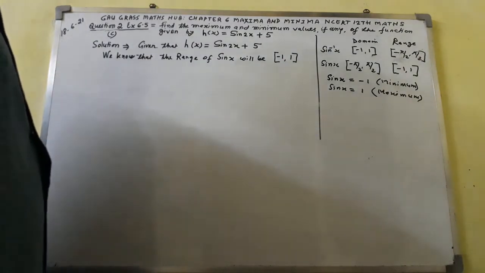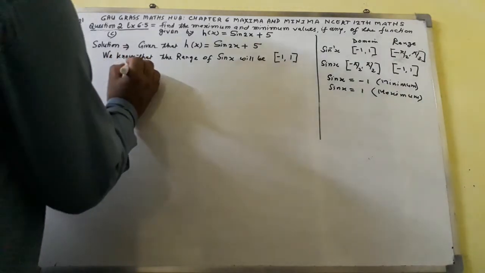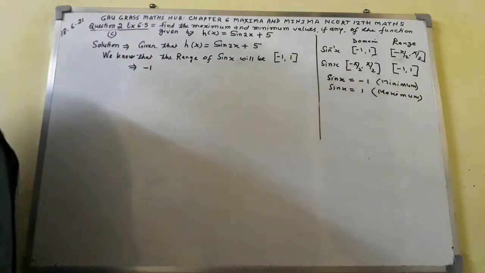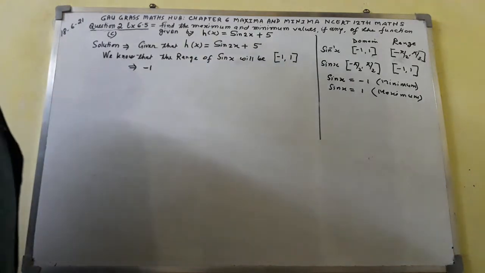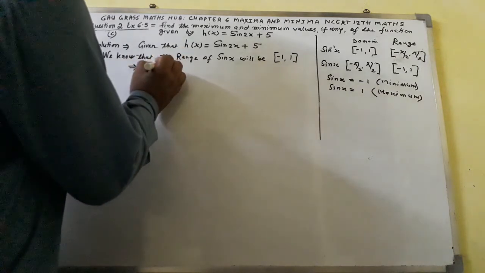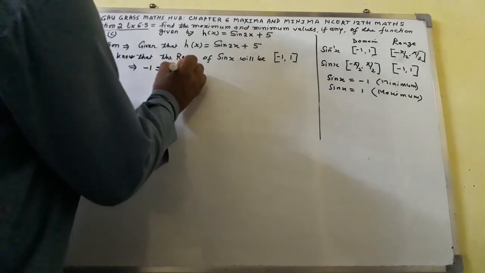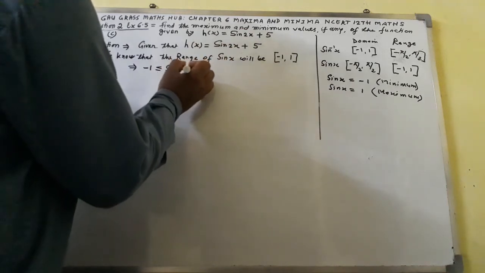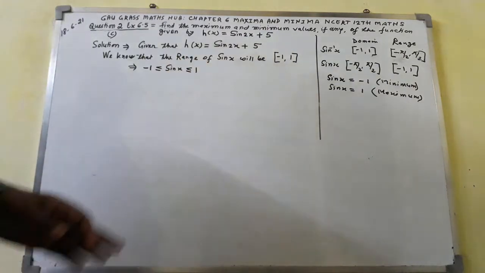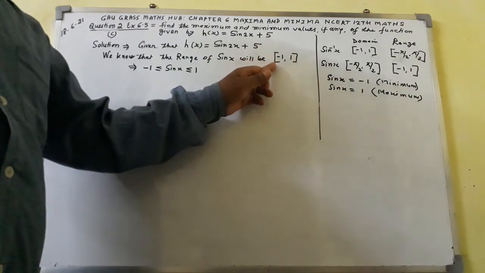On this basis, I shall write: this implies that -1 is less than or equal to sin x, which is less than or equal to 1, because the closed interval is there.